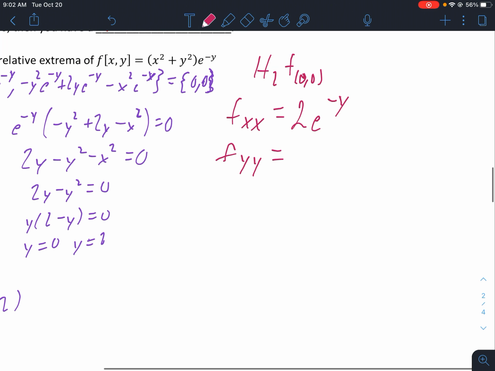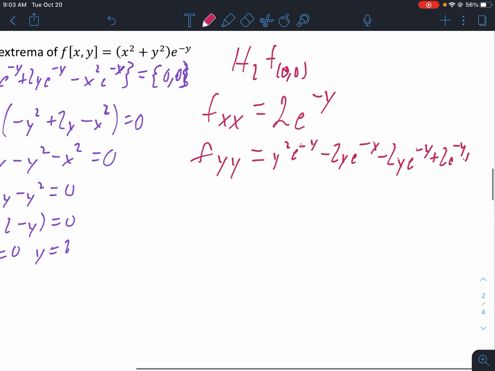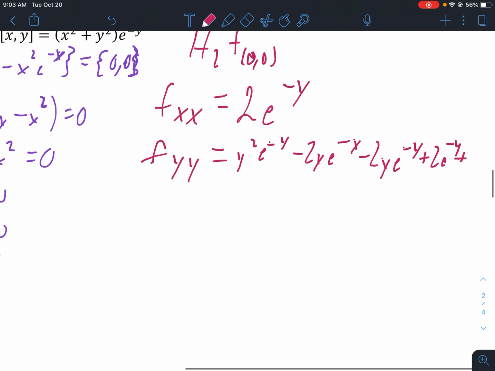This is a couple different product rules. Sorry for the squishy writing there.